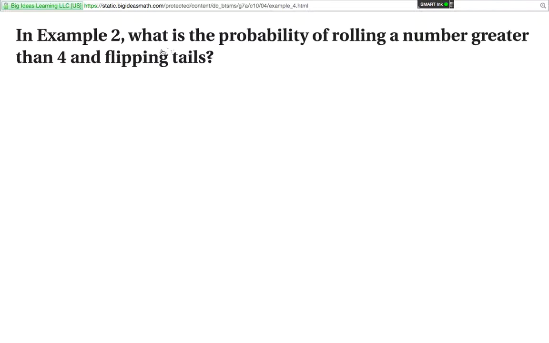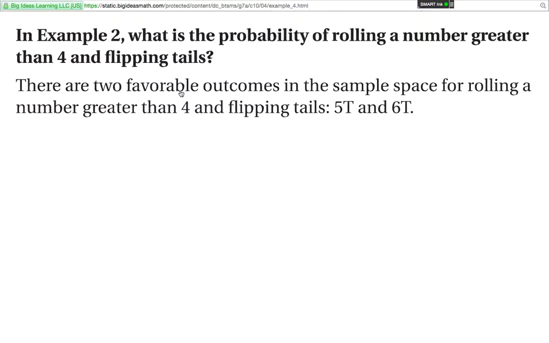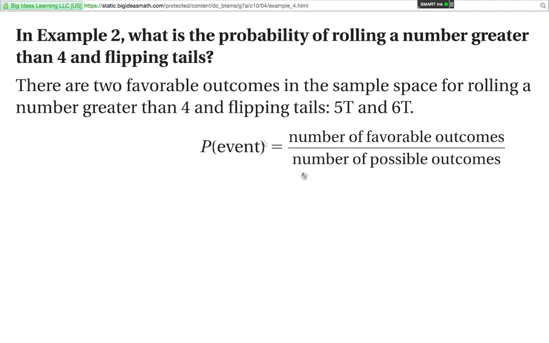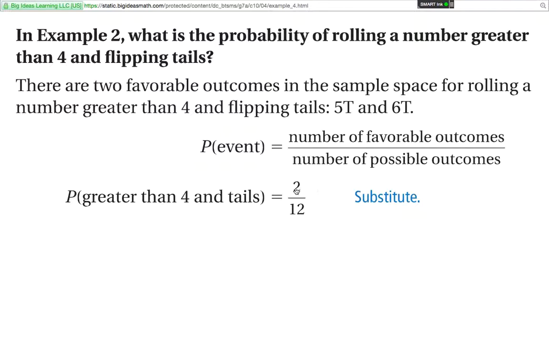But they want to know how many are tails. So in that case, it's only 2 of them. So there's only 2 favorable ones out of a possible 12, 2 twelfths, which simplifies to 1 sixth. So the probability of rolling a number greater than 4, so 5 and 6, and flipping tails is 1/6.